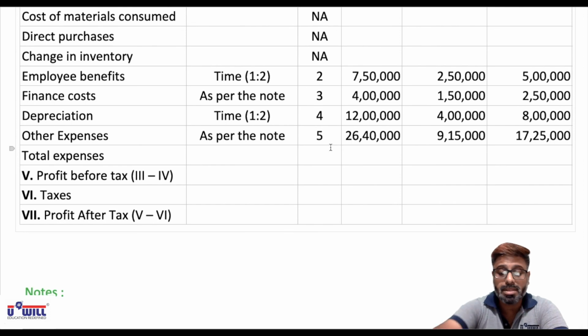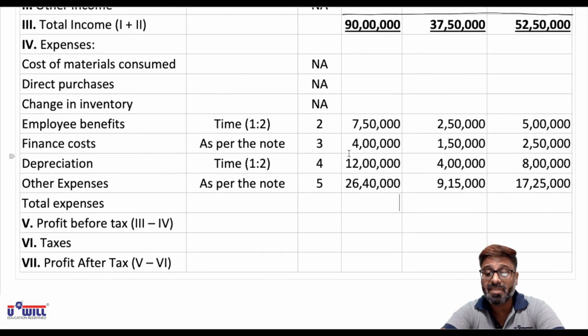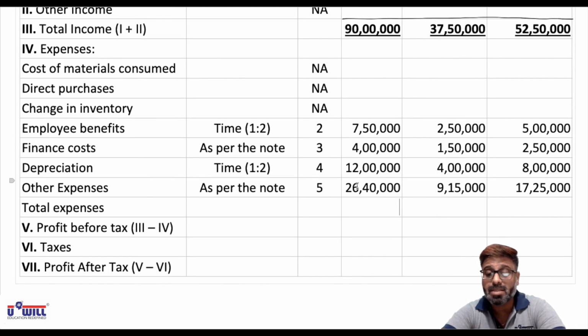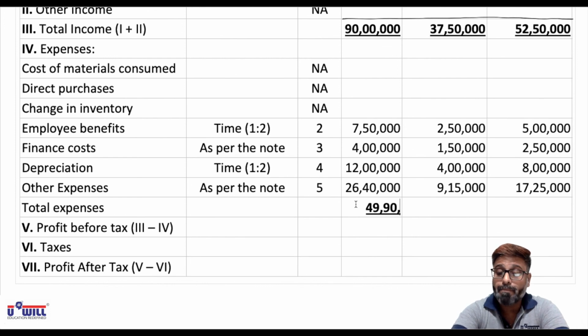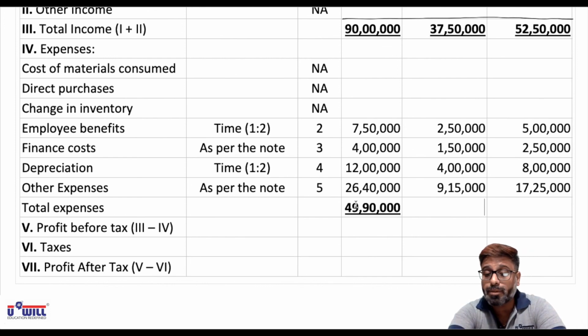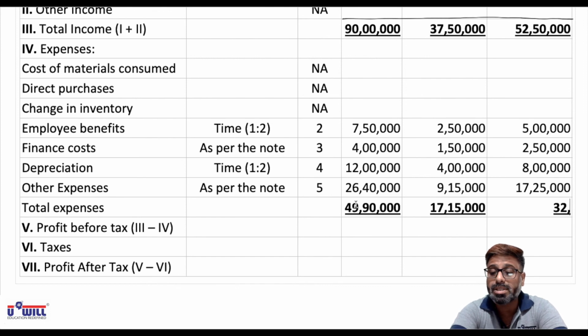Now total expenses: 7,50,000 plus 4 lakhs plus 12 lakhs plus 26,40,000 is 49,90,000. Pre-incorporation: 2,50,000 plus 1,50,000 plus 4 lakhs plus 4 lakhs plus 9,15,000 is 17,15,000. And post-incorporation is 32,75,000.